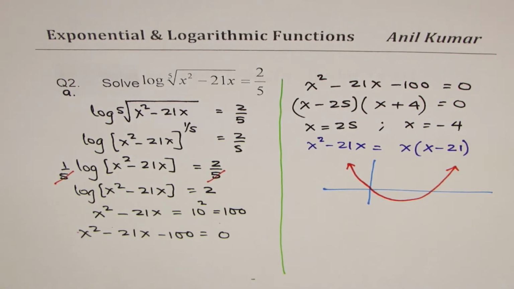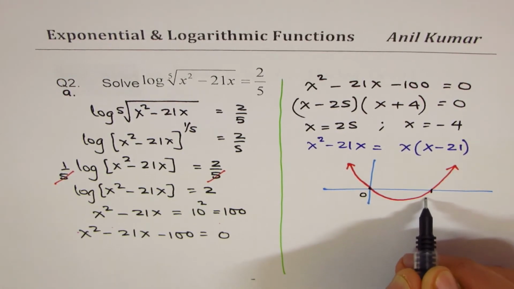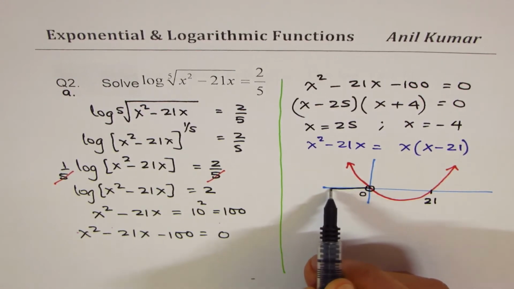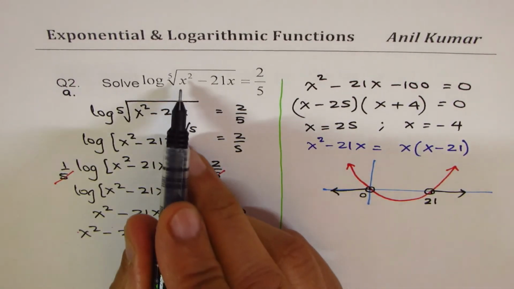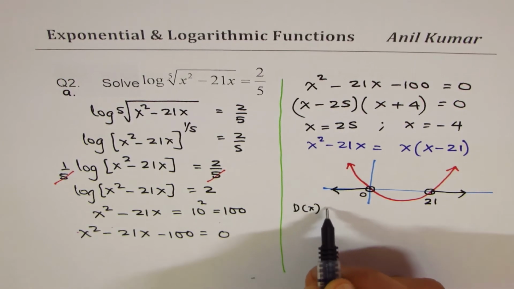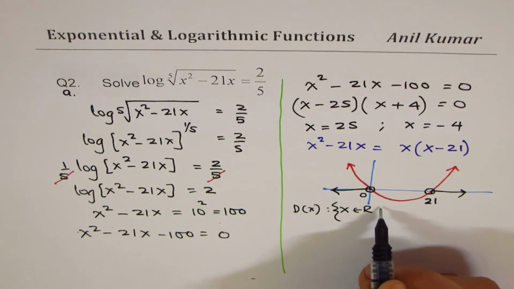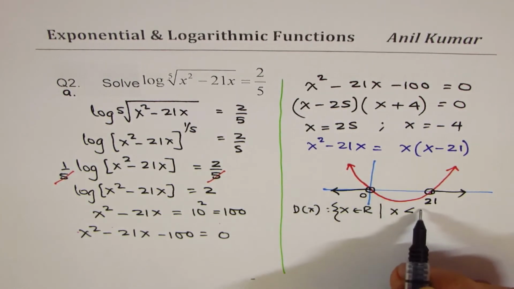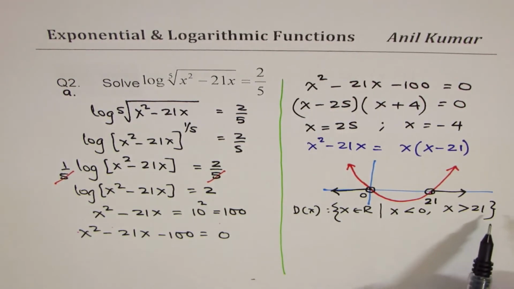So what we notice here is that this point here is 0, this point here is 21. So anything which is on the left side of 0 and on the right side of 21 is in our domain, right? So basically the domain of this function is x belongs to real numbers, where x is either less than 0 or x is greater than 21. You get an idea, right?